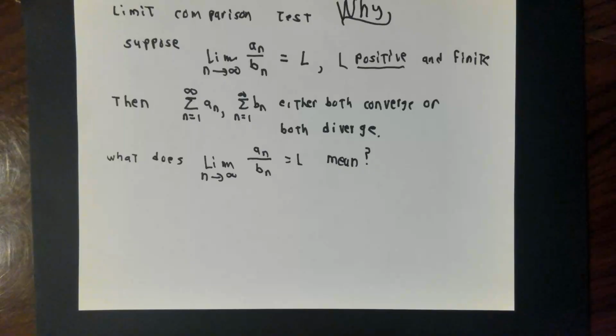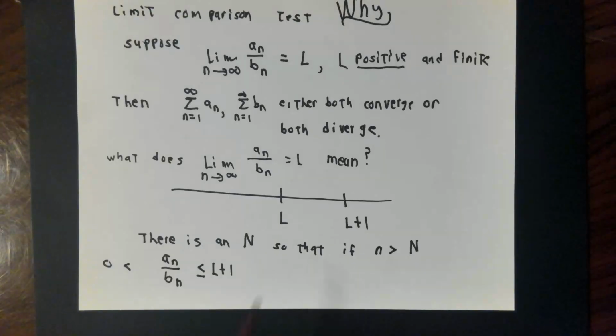Everything's going to work because of what that statement means. What this means is if you crank the index up big enough on a_n over b_n, you can make it as close to L as you want. To use a very specific thing, I can make this fraction less than 1 unit of distance away from L on the number line. So I'm going to think of my limit, my positive finite limit, L, as being here.